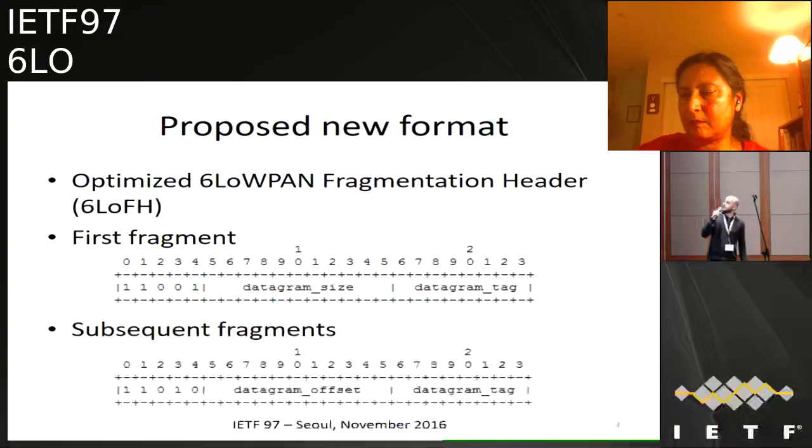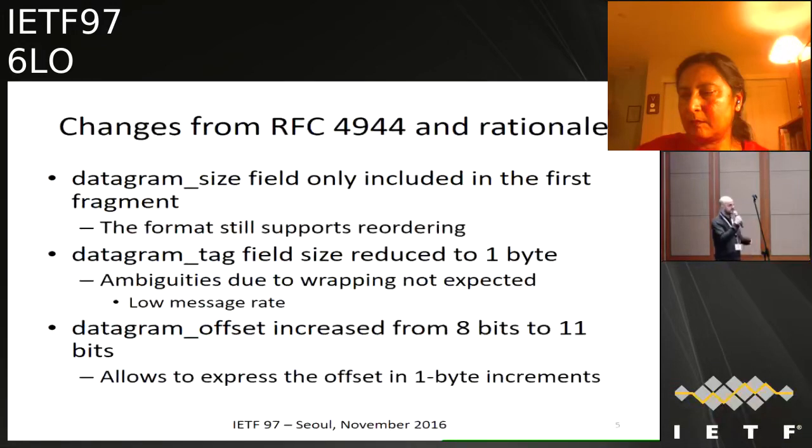Next, please. So, which changes have been made in comparison with the original RFC 4944 6LoWPAN fragmentation header? The datagram size field is now, in this format, only included in the first fragment.